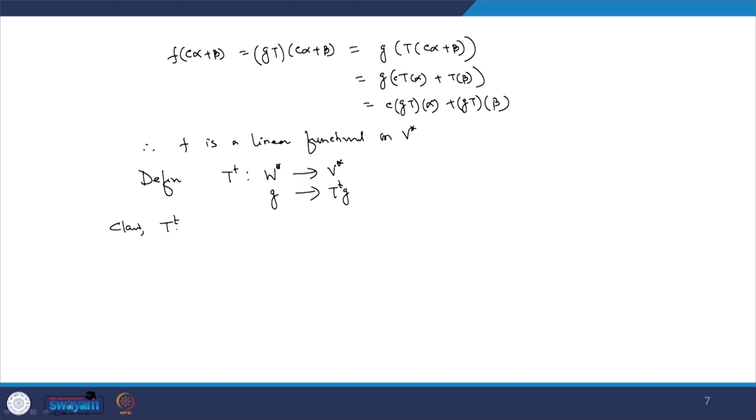Claim: T t is a linear transformation from W star into V star.